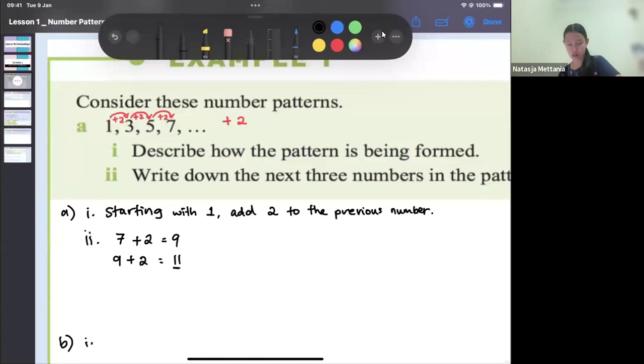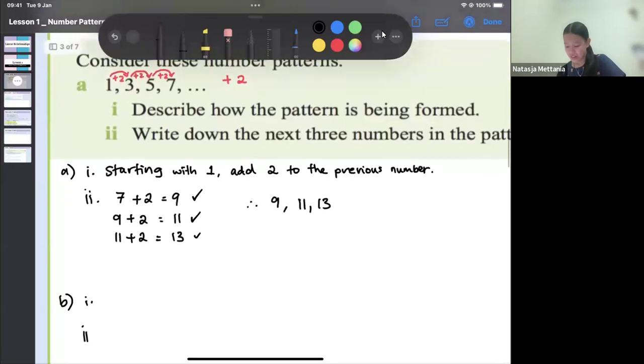The answer to that, 11, I'm going to add 2 to it, because I've got the first number, the second number, I need to know the third number. 11 plus 2 gives me 13. So therefore the next 3 numbers are going to be in this order: 9, 11, and 13. All right, let us continue on.